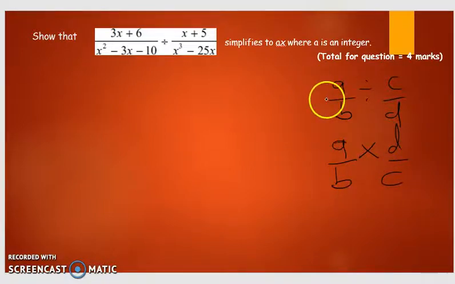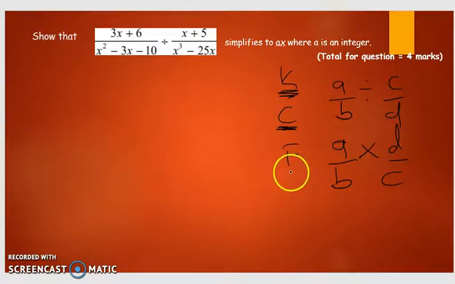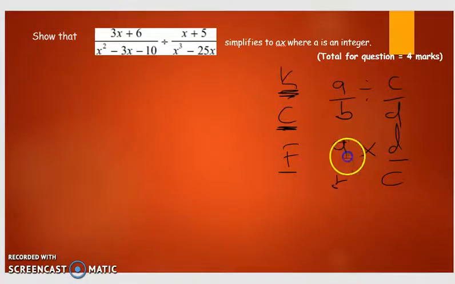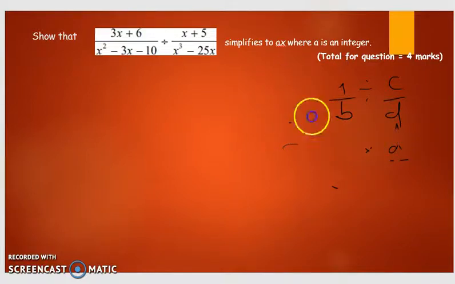Okay, so I call it keep, change, flip, KCF. So you keep the first fraction, change your division to multiplication, and then flip the second fraction. Okay, so you might have your own way of recalling it, but that's fine. Anything that works for you will be acceptable as long as you apply the correct principle.